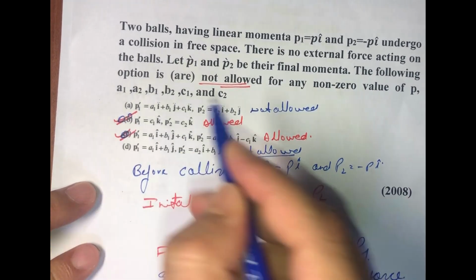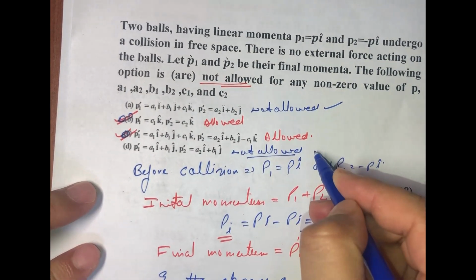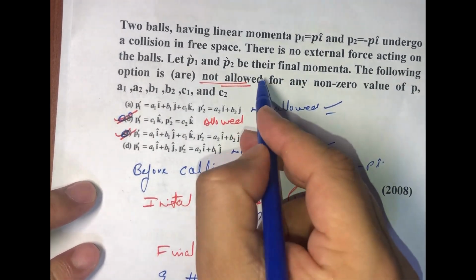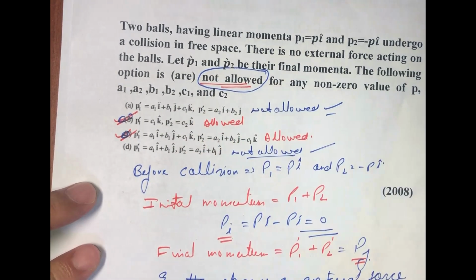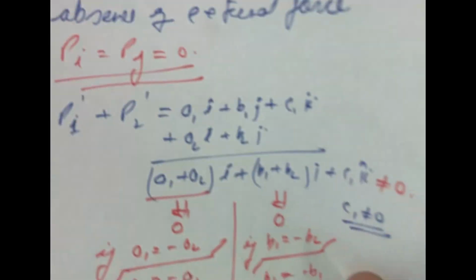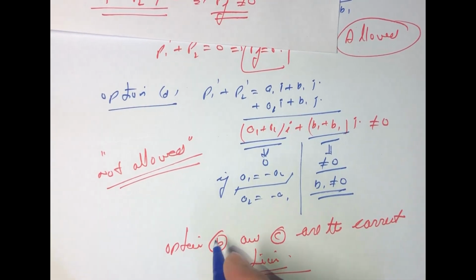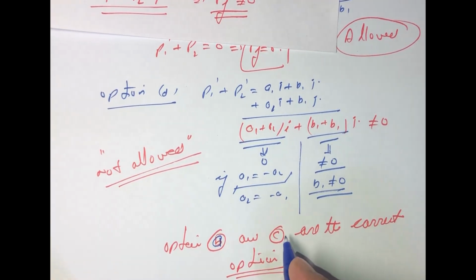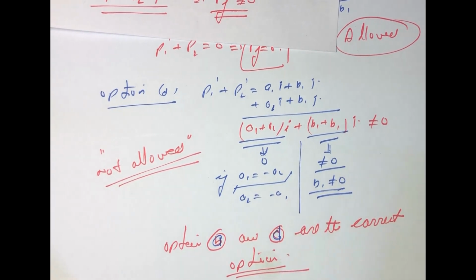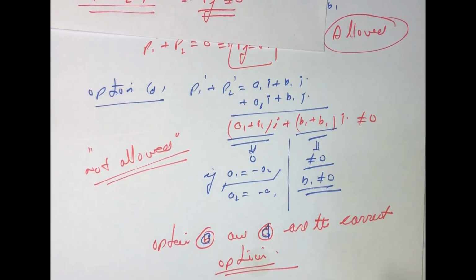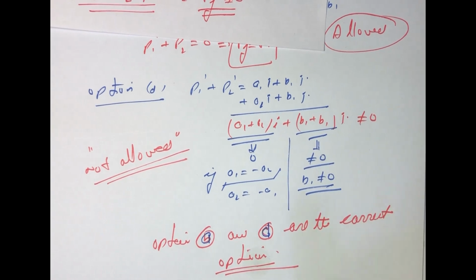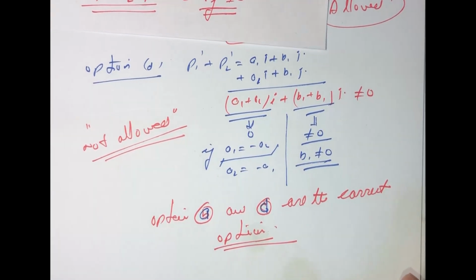Therefore, you can say we have option A and D which are not allowed because we are supposed to find out the not allowed ones. Therefore, let me correct it, this will be A and this will be D. Okay. My apologies, I made a mistake in it. Okay. Thank you.